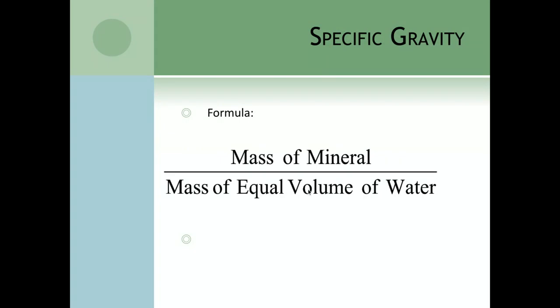And that's where things get a little tricky to figure out. You have to figure out what the mineral's volume is, and we can use graduated cylinders and displacement for that. But then you have to find the mass of that amount of volume of water.